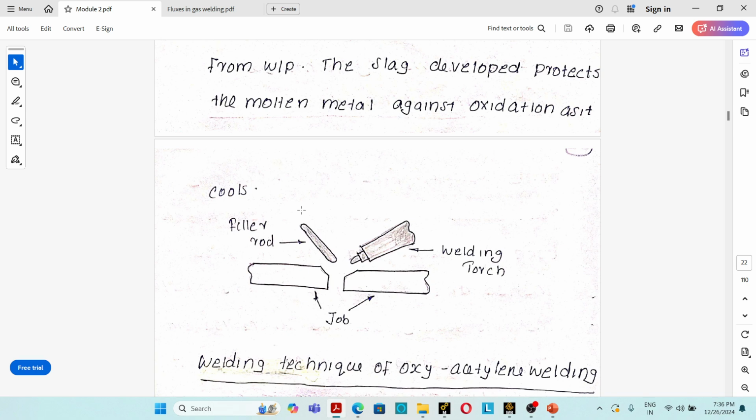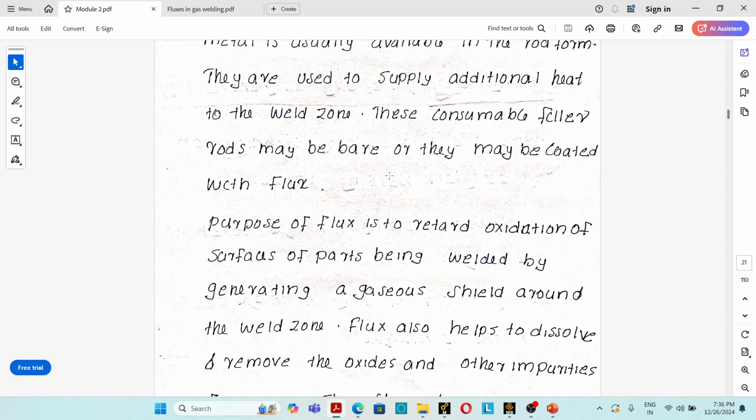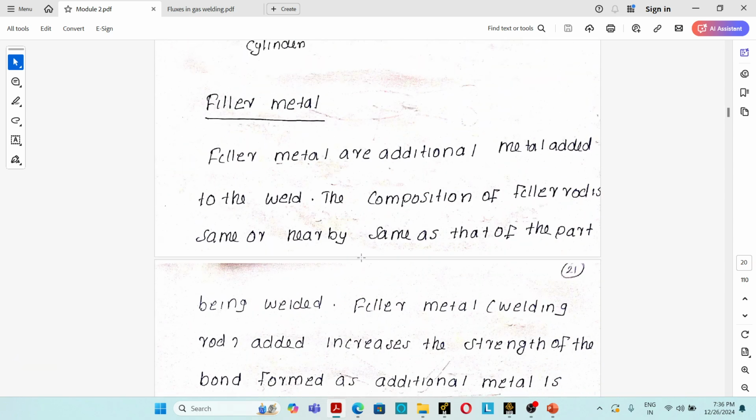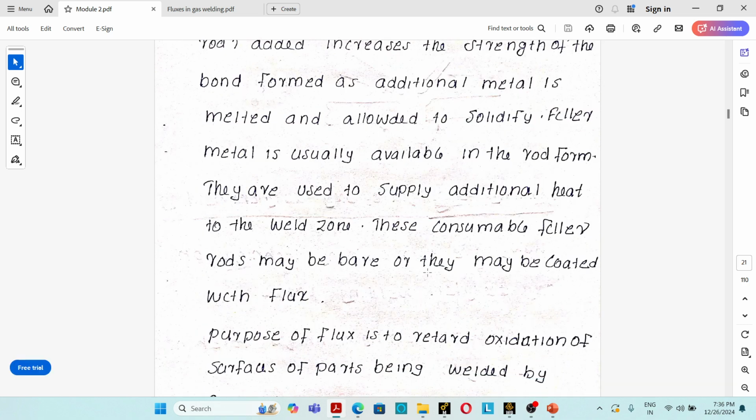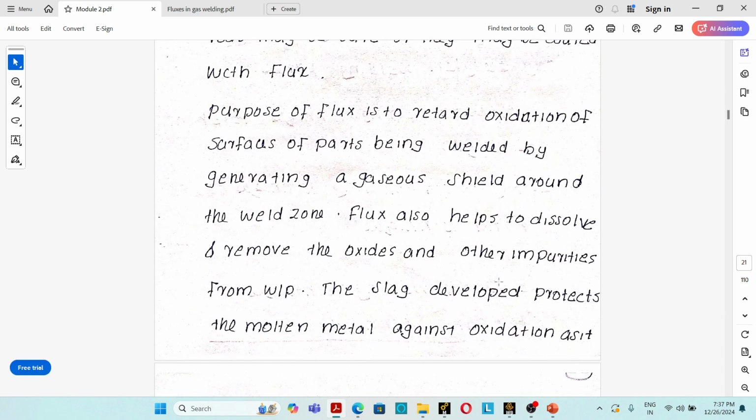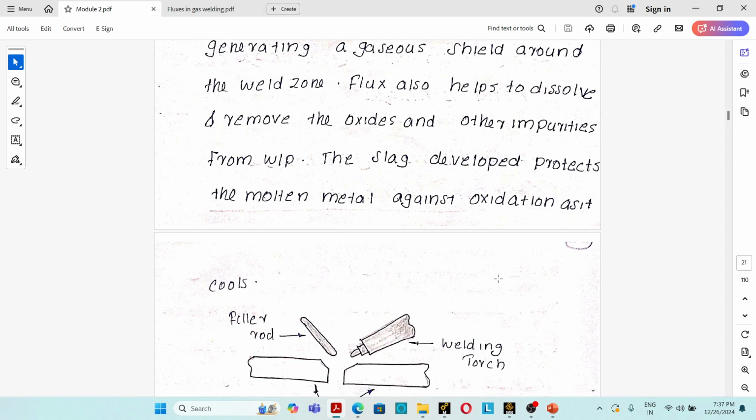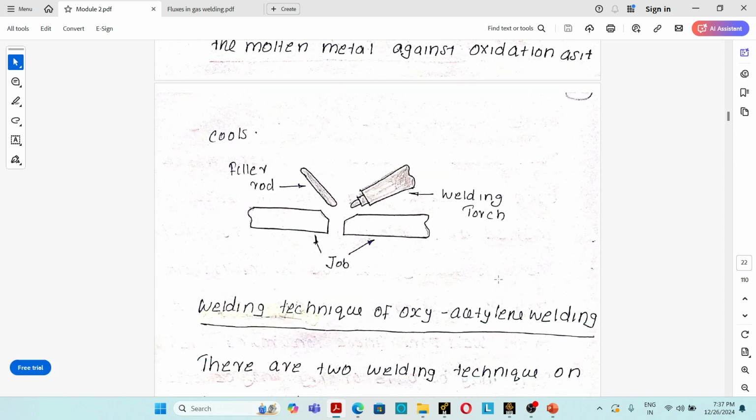See, this consumable filler material is classified into two types. That is, first one, bare or coated with flux. Bare or coated with flux. See, when we are using a bare filler rod, flux will additionally be required to add on the molten weld pool.